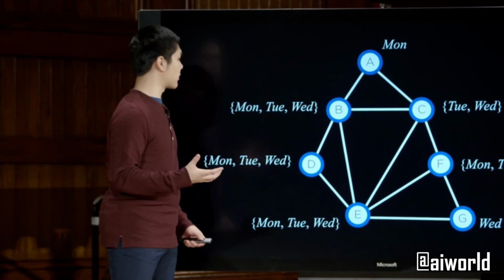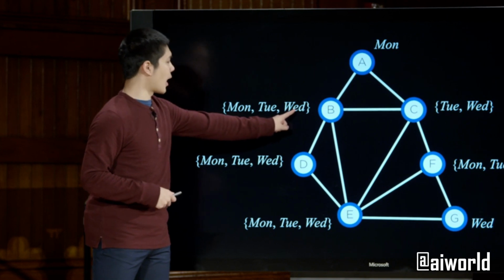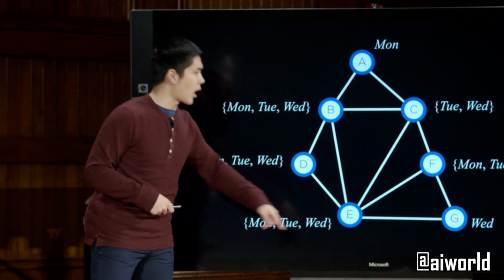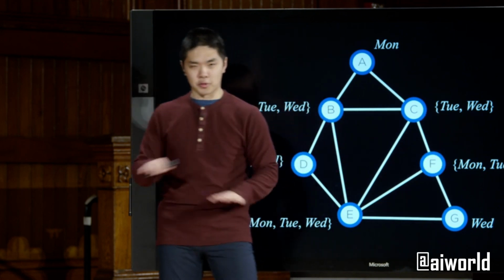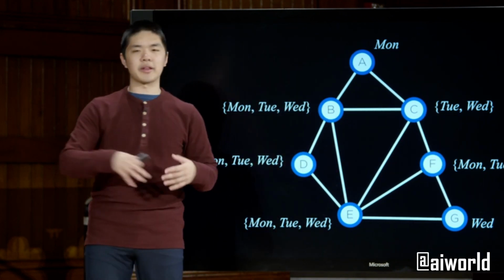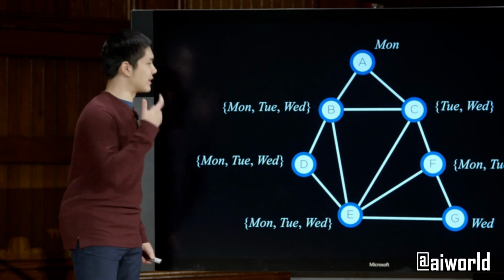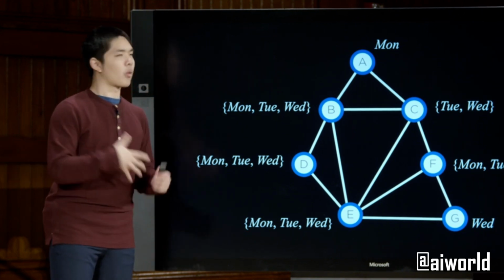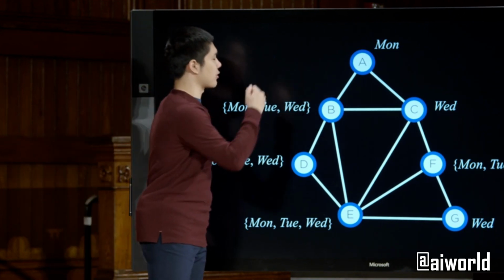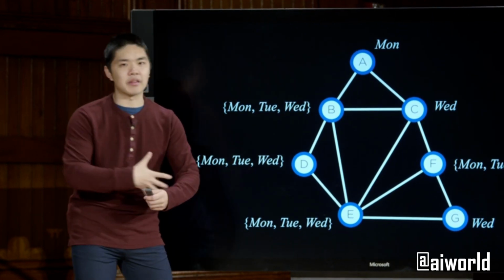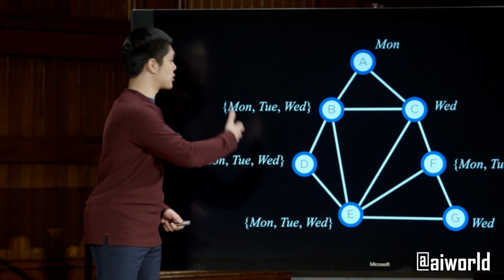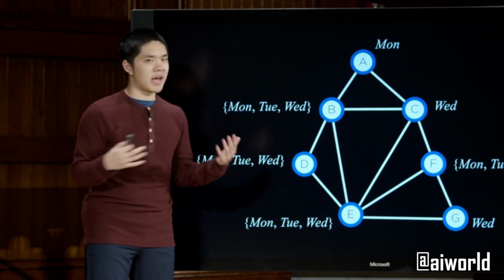And what about choosing Wednesday? Well, choosing Wednesday would rule out one option here, and it would rule out one option there. And so I have 2 choices. I can choose Tuesday that rules out 3 options, or Wednesday that rules out 2 options. And according to the least constraining value heuristic, what I should probably do is go ahead and choose Wednesday, the one that rules out the fewest number of possible options, leaving open as many chances as possible for me to eventually find the solution inside of this state space.